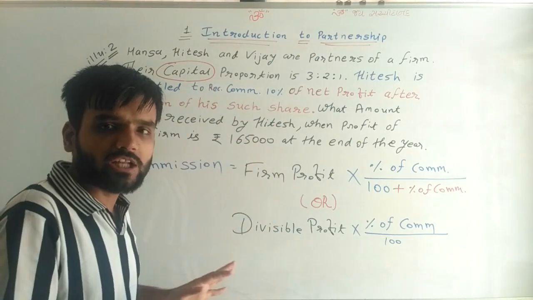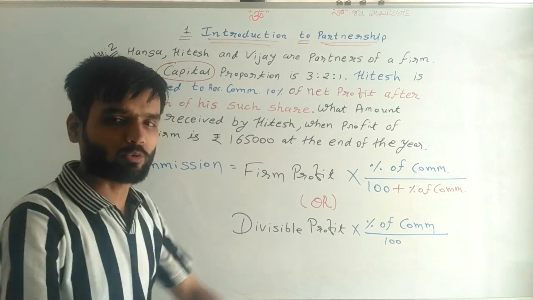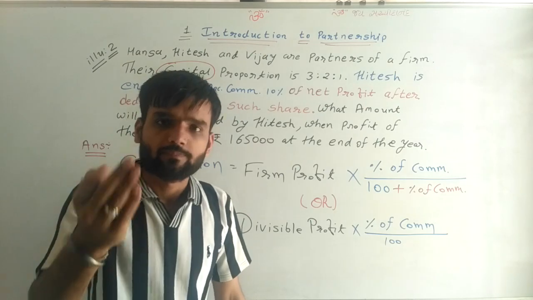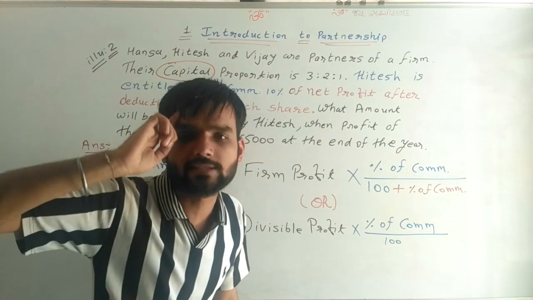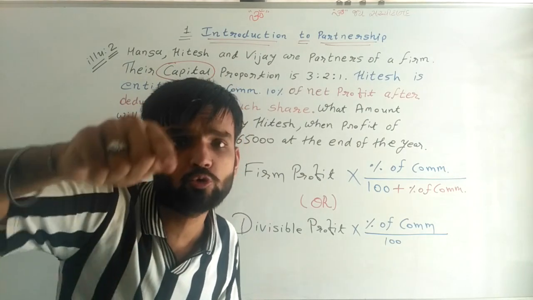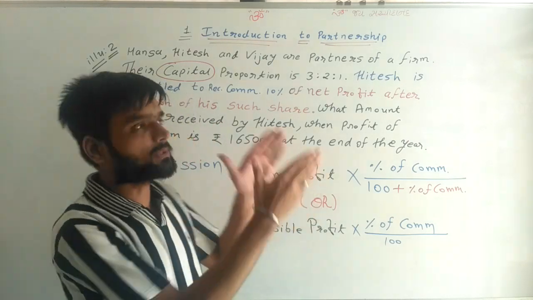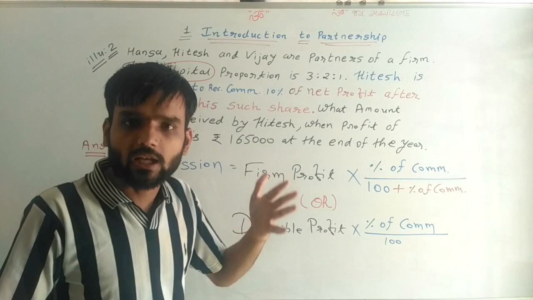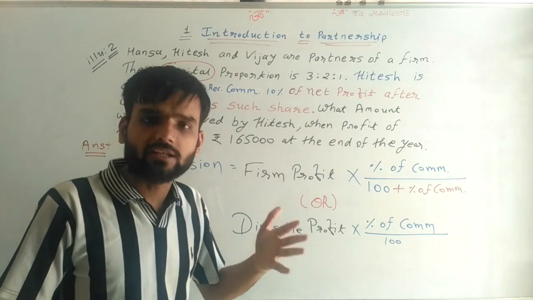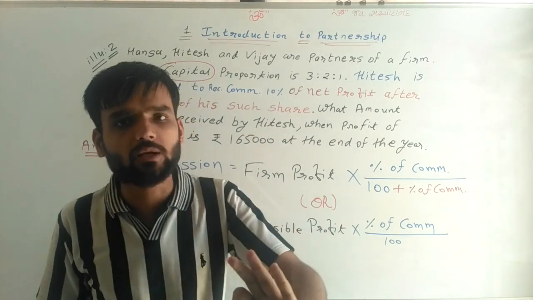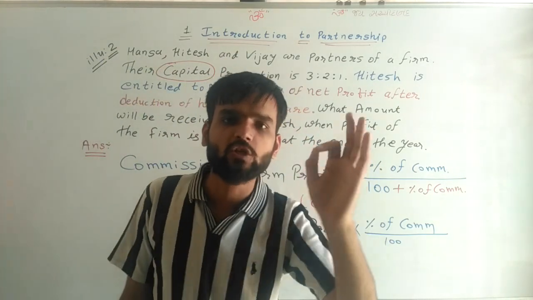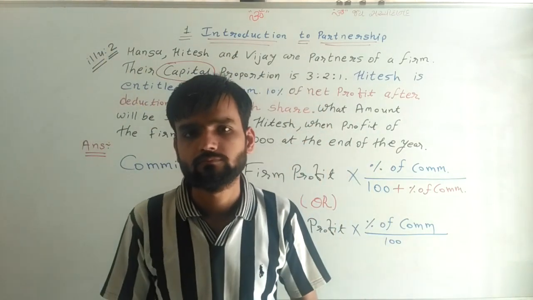Then what is the profit and loss proportion? Sir, here no information is given. It means profit and loss proportion is equal proportion. So always read the question and decide which proportion is given to you. And if capital proportion is given, with no information about P&L proportion, then take P&L proportion as equal proportion. Here 3 partners are there, so profit and loss proportion is 1, 1, 1.